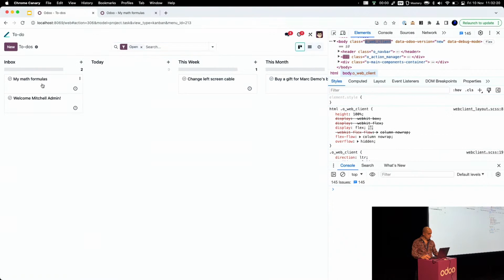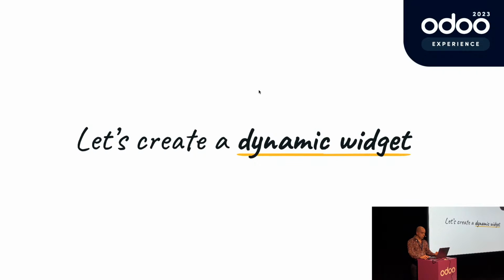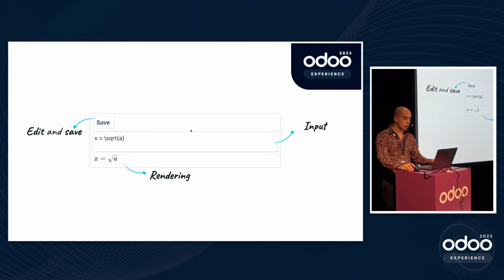So if I come back to the to-do application, we are going to create this mathematical formula widget, where we will be able to input our formula, and then we render it, and then we have some buttons to edit and save our widgets.